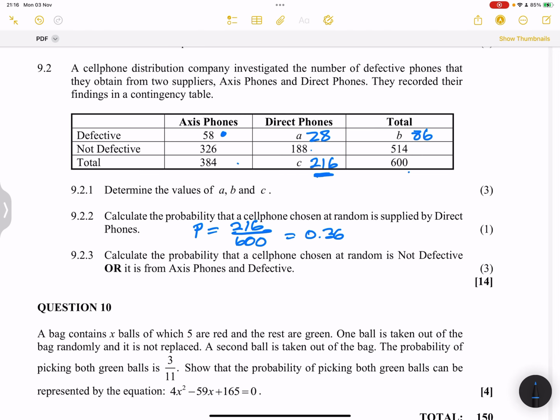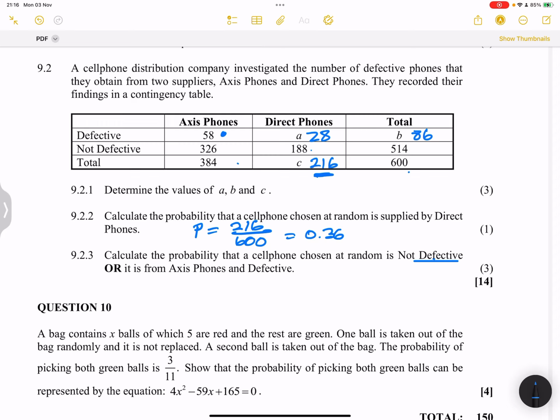Now they say calculate the probability that a cell phone chosen at random is not defective, or it is from axis and defective. So in this case we are looking at not defective.